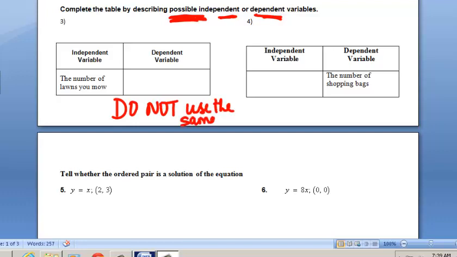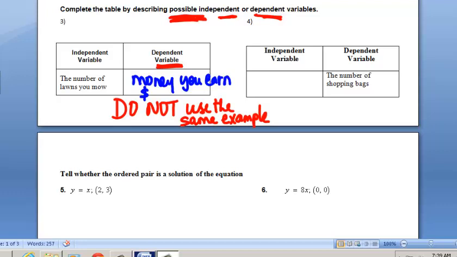I want you to use some other example and fill this dependent variable here other than the one that I'm showing. For example, the number of lawns you mow is the independent variable, and the money you earn. So let's say you were doing it for a business, the dollars you earn depends on the number of lawns you mow.